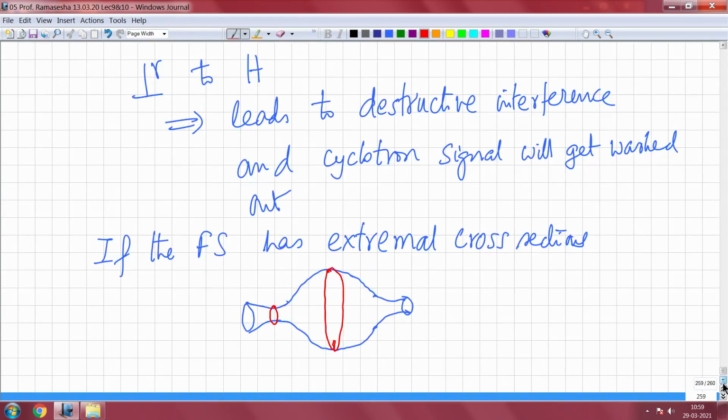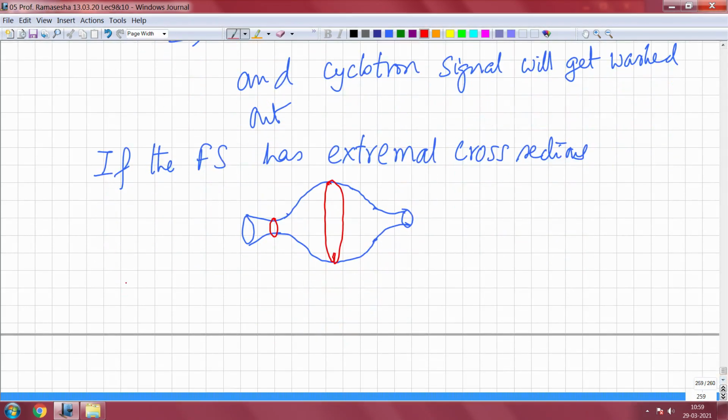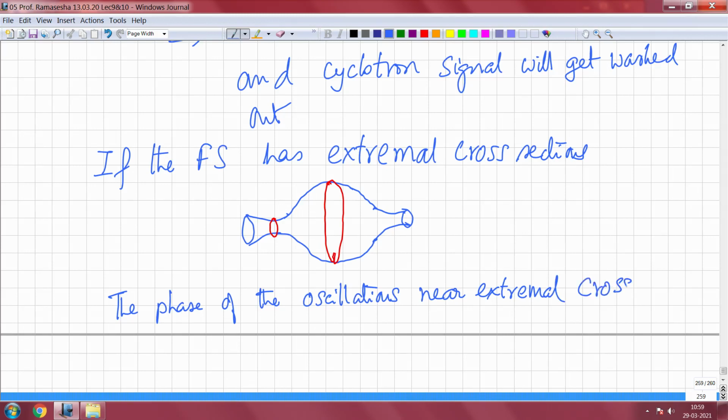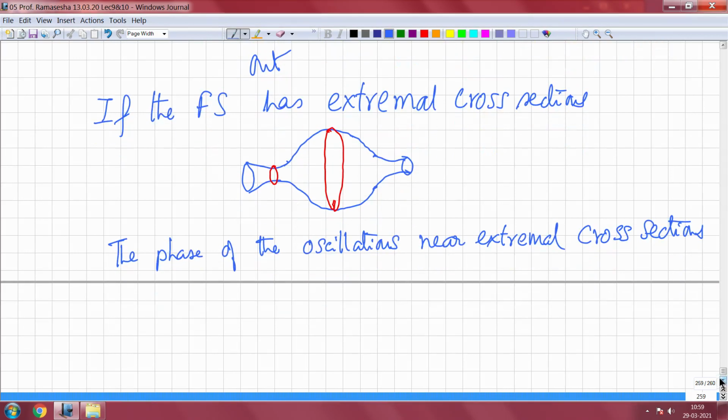So, when you have these extremal cross sections, the phase of the oscillations near extremal cross sections vary slowly, and do not cancel.